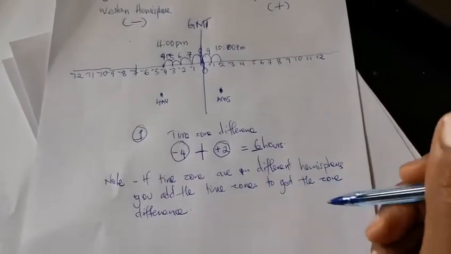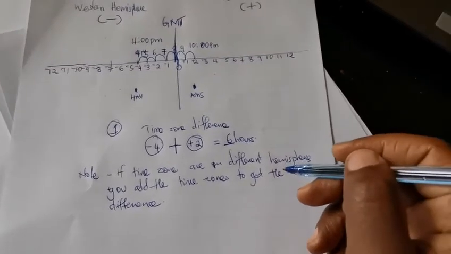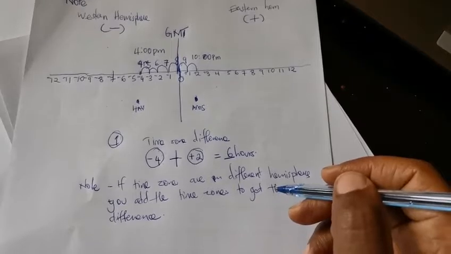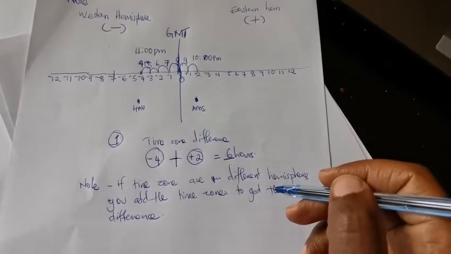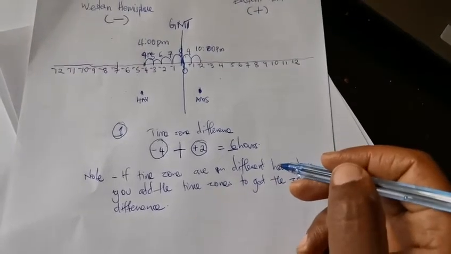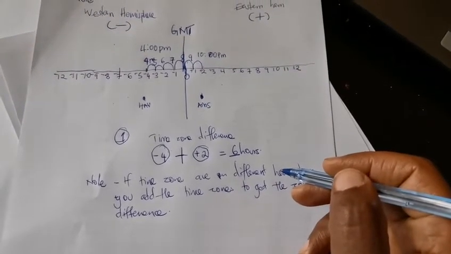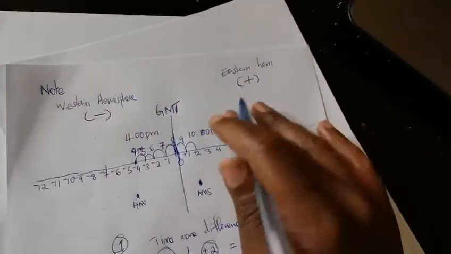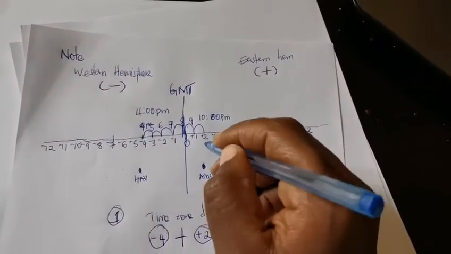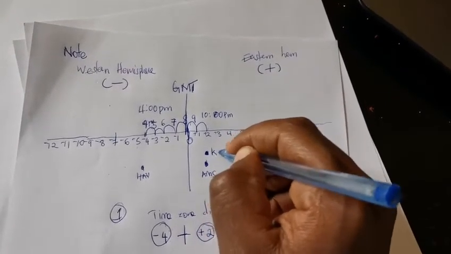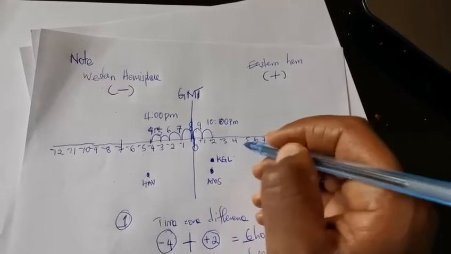So in this second video, we are going to look at an example of time zones that are on the same side. In the question we're going to be looking at, you have an example of Kigali and EBB. Kigali is KGL, and its time zone is +2.